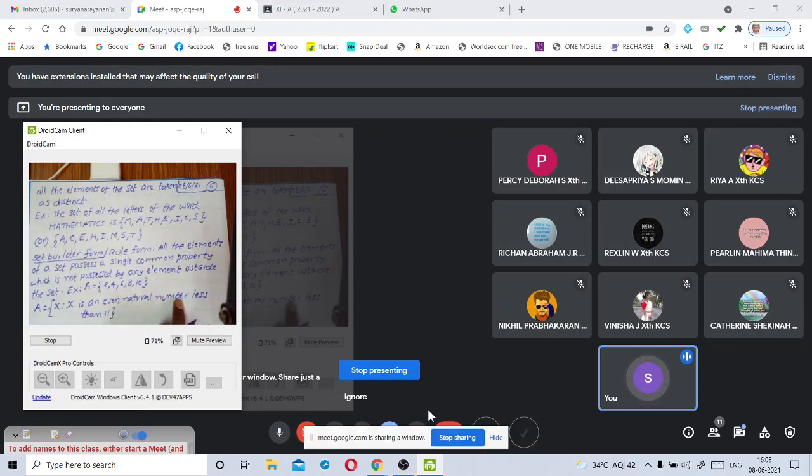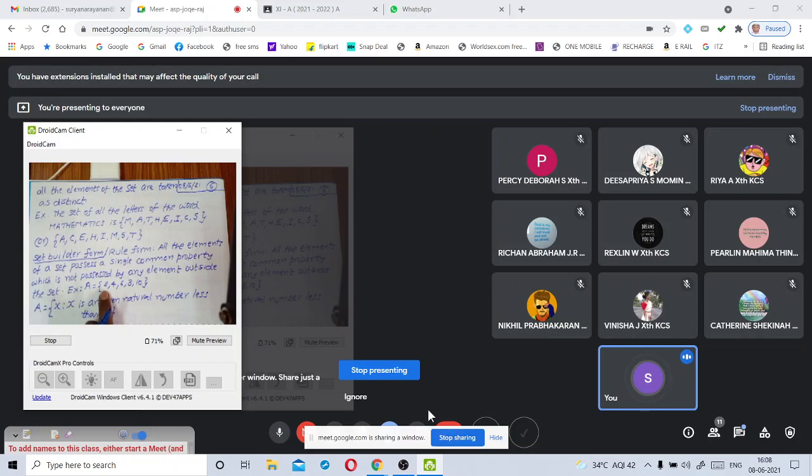This is the common property possessed by the elements of the set. We have written the common property possessed by every element of the set in the form of a sentence.